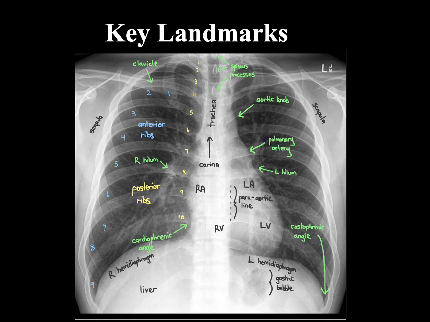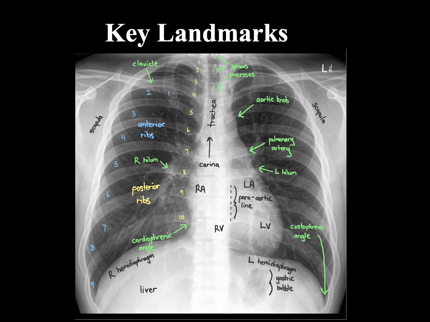So here are the key landmarks that we're going to be looking at. You need to be able to visualize the clavicles and the spinous processes of the thoracic spine. The trachea comes down the center of the spine in the upper thoracic area, and then it splits into the lung cavities. You see the hilum and the posterior ribs.